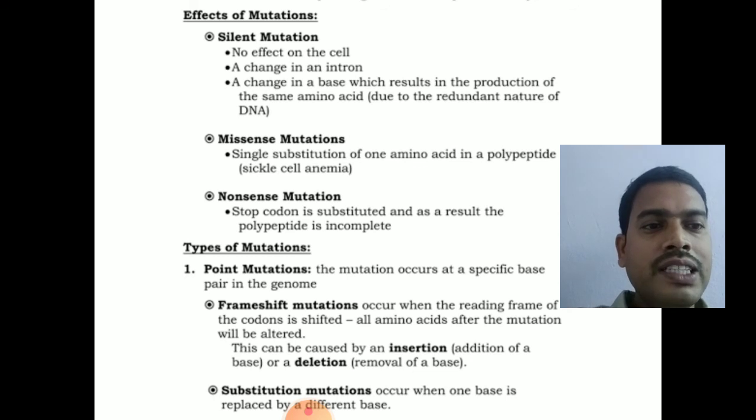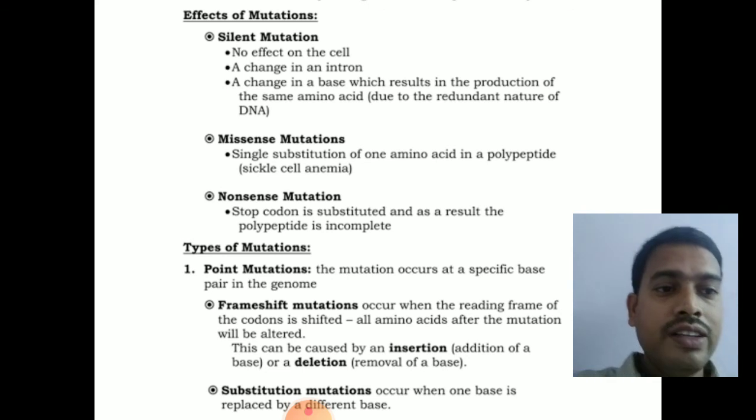In missense mutation, there is a change in an amino acid in the protein due to the mutation, causing a misguided protein. The best example is sickle cell anemia. In the beta chain of hemoglobin at the 6th position, glutamic acid is replaced by valine, a single amino acid change.